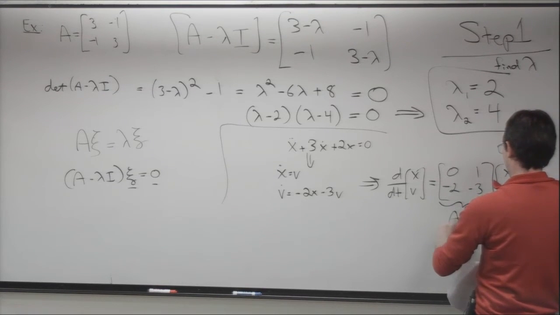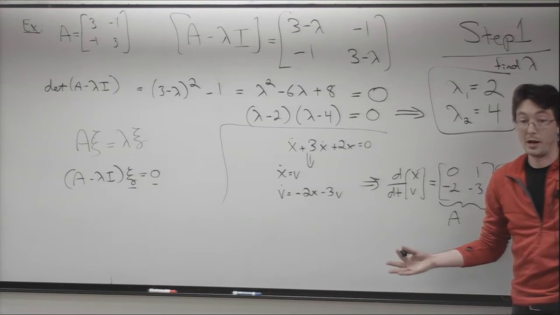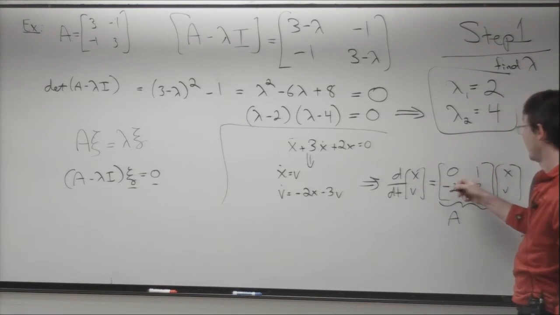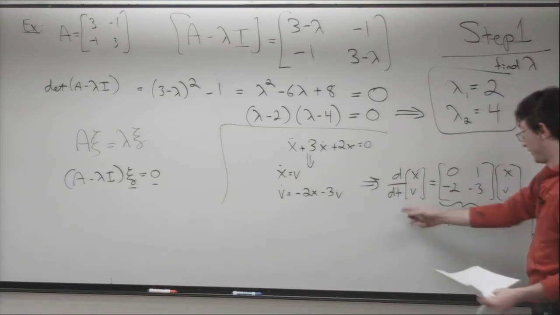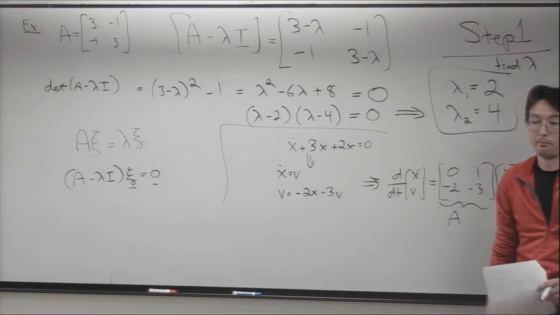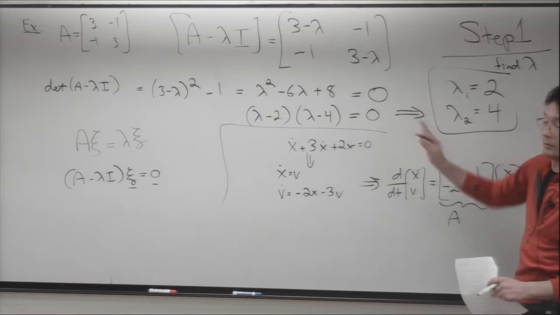This is A. As practice for the homework, you should compute the eigenvalues and eigenvectors of this matrix by hand, and then use that to solve this differential equation in this form. Basically what we just did here.